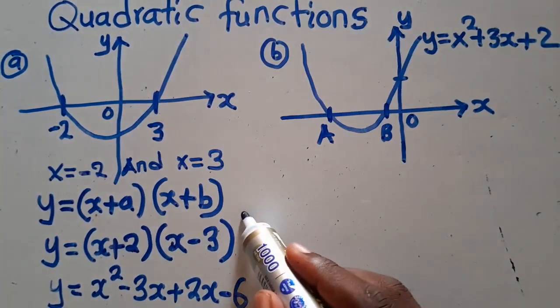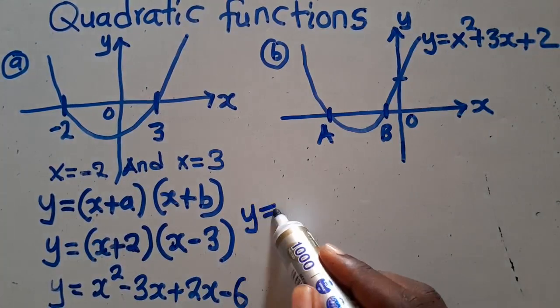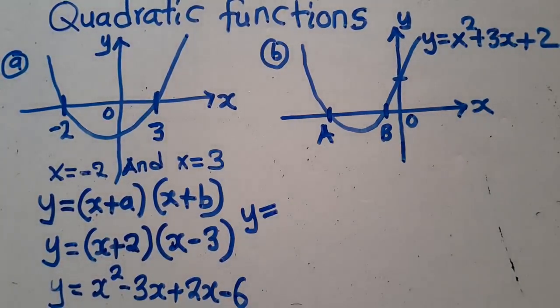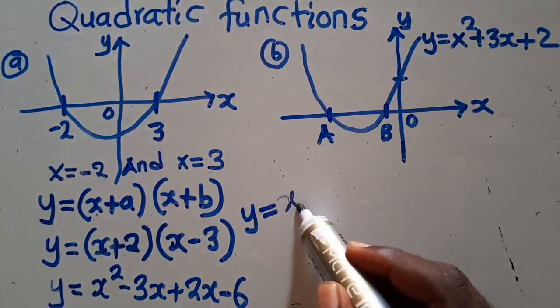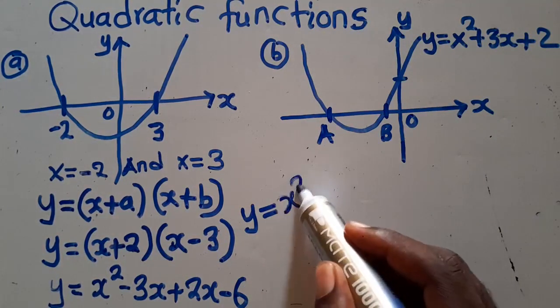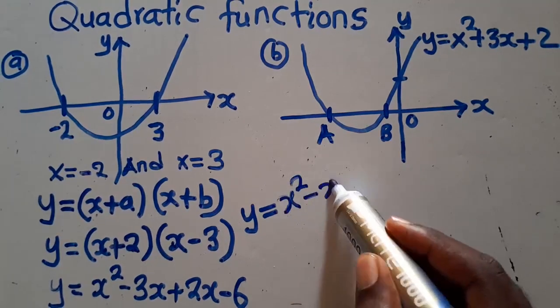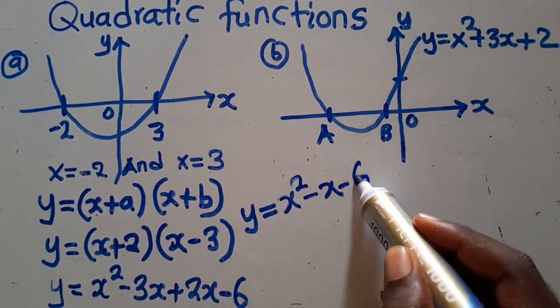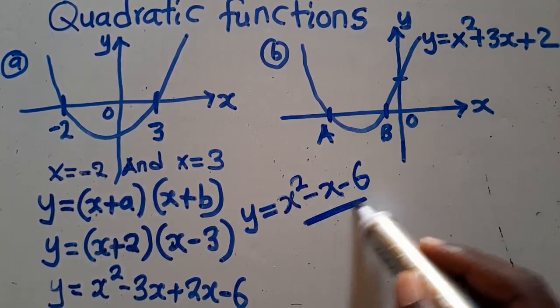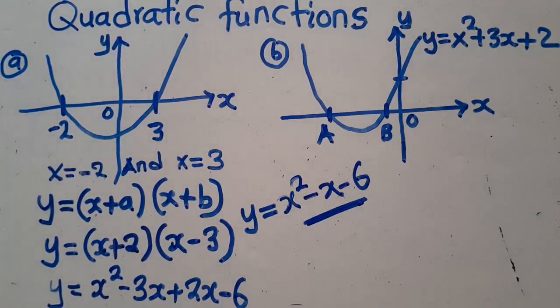Therefore you've got a graph which is y is equal to what? Here, what is -3 plus 2? That is -1. So it's just -x. So it's x squared minus x minus 6. This is our equation for that graph.